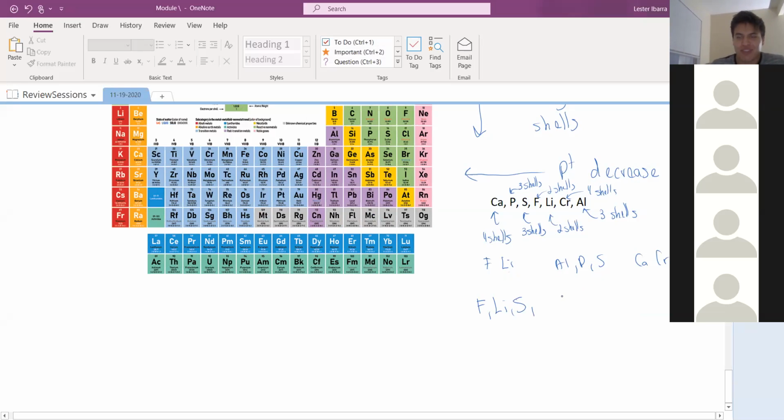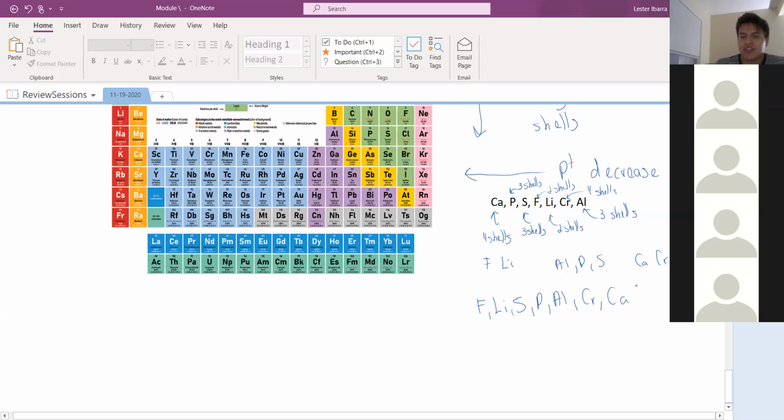And then after sulfur, which one has more? Phosphorus, and then aluminum. So in between calcium and chromium, which one has more protons? Chromium.